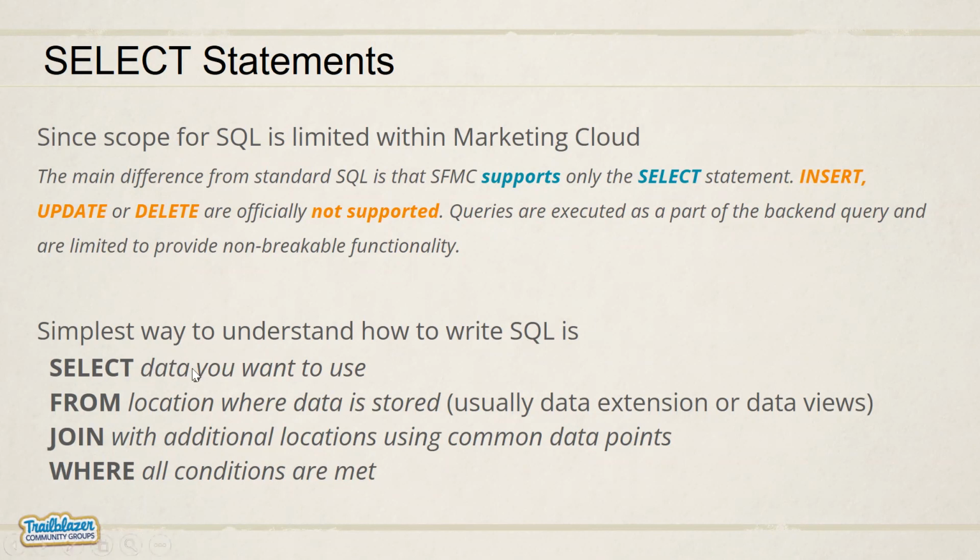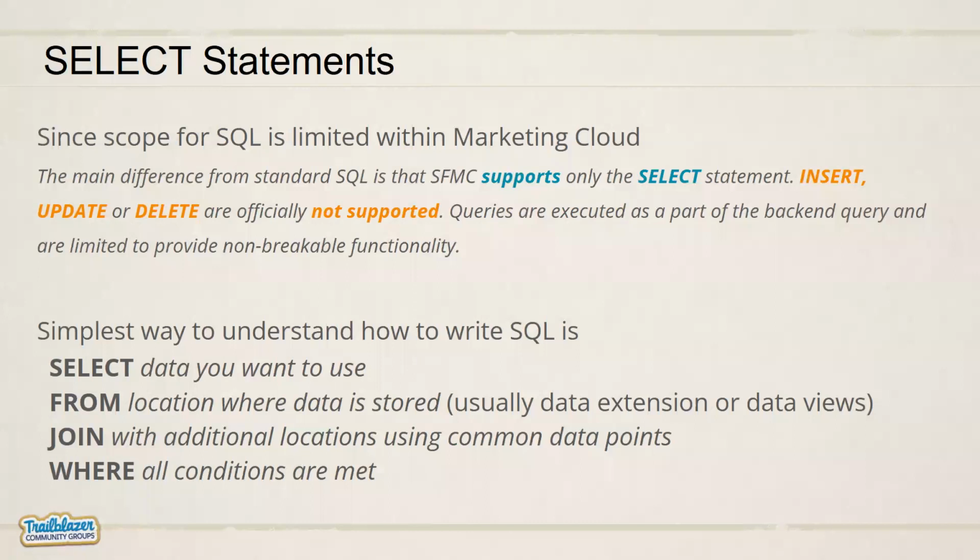So this place will be replaced with all the data points which you want to capture or select from the location where the data is stored, usually data extensions and data views, joined with an additional location using common data points. I will explain the common data points in a little more detail later on. Let's say I want to be friends with my friend's friends. My friend is the common data point.